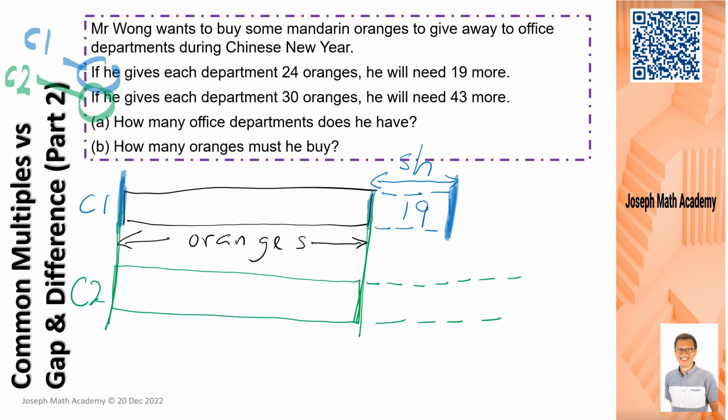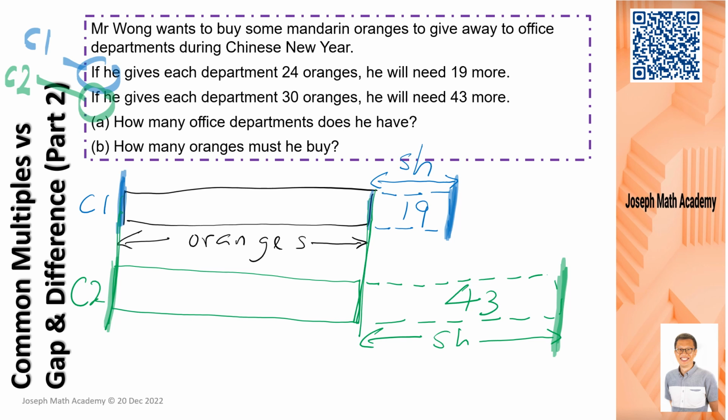I'm not sure where. So I'm going to extend this very long. This is the 43. Okay, this is the next shortage for case 2. All right, that means if he has 43 extra until here, from here to here, he can successfully give each department 30 oranges.